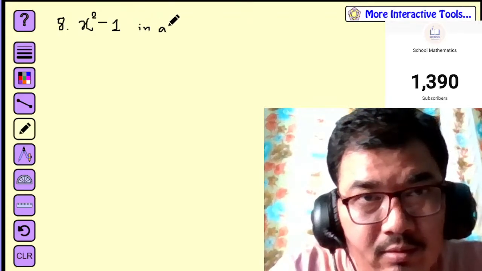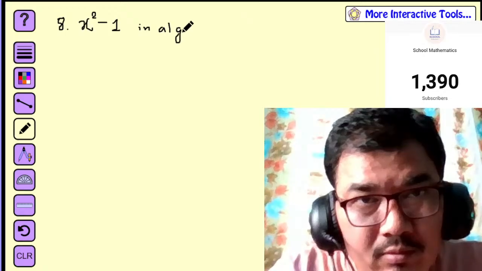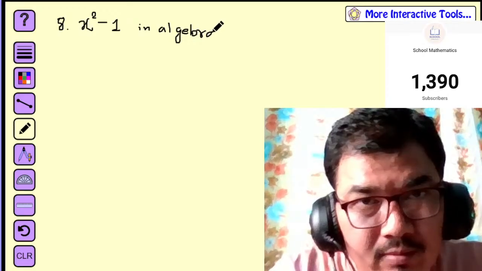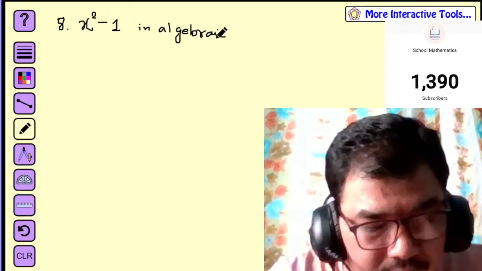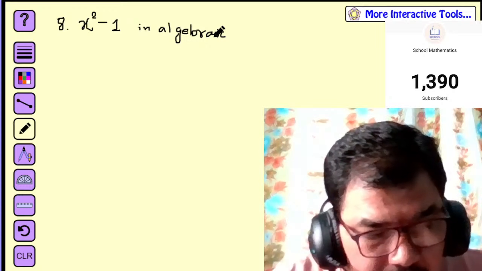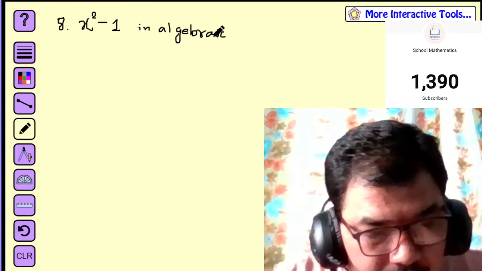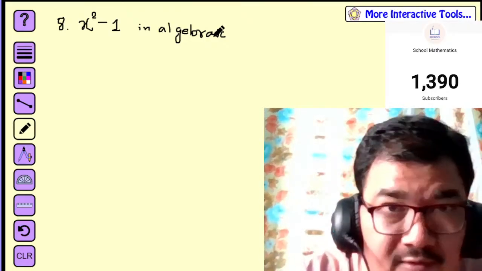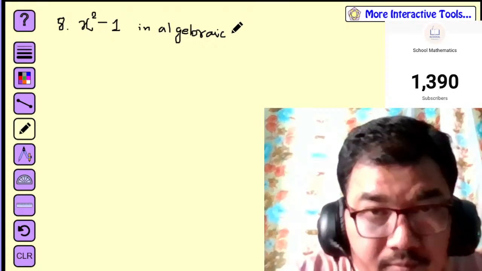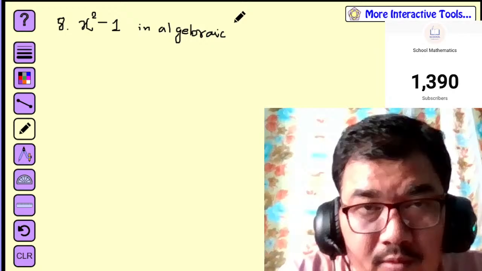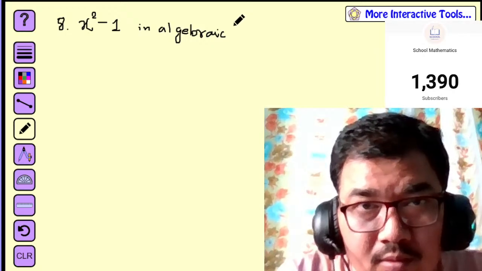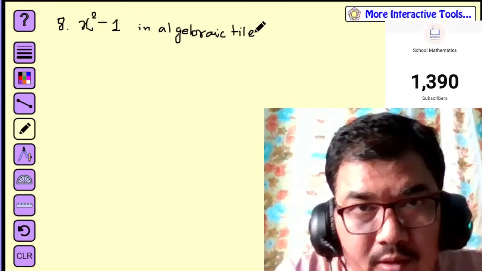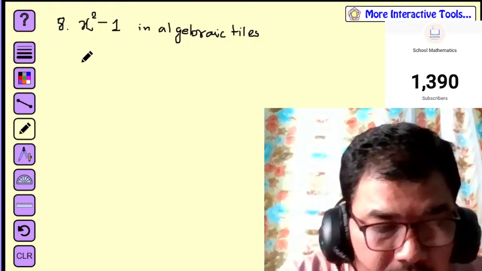In algebraic tile, okay. How to show them.